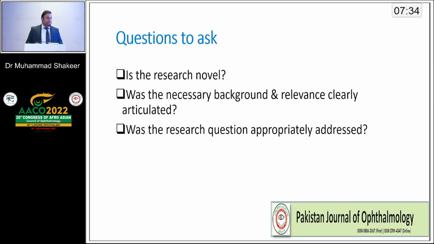You should assess whether the title or the objective of the study is being answered in the results or conclusion of the study. Sometimes the conclusion of the study does not match the objective of the study. You should assess that. These 2 things should match with each other.